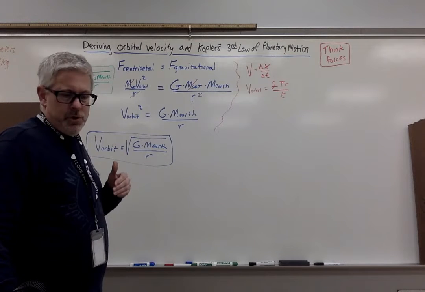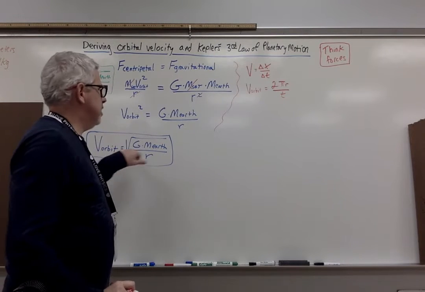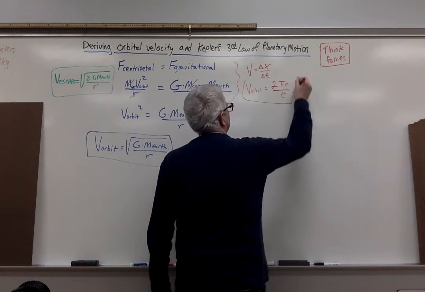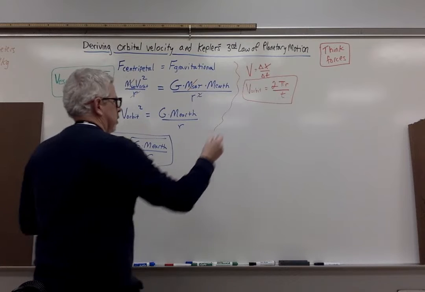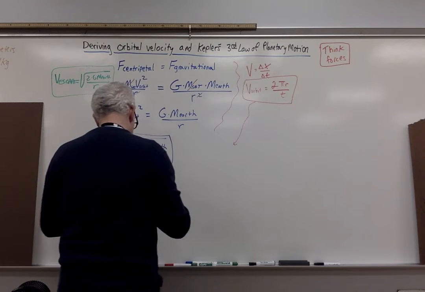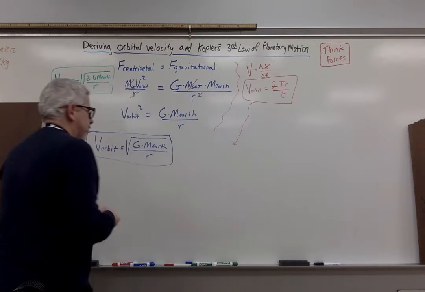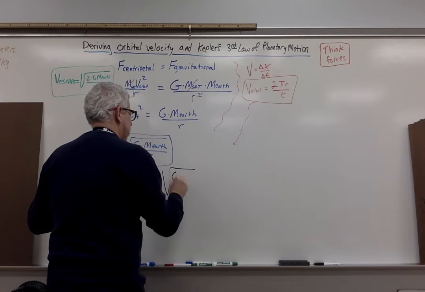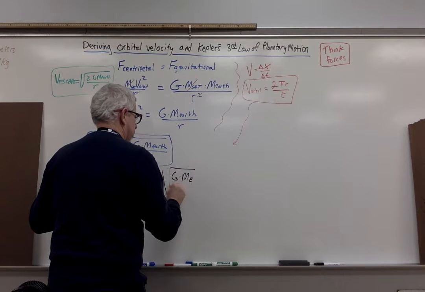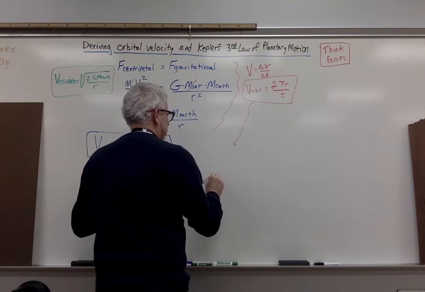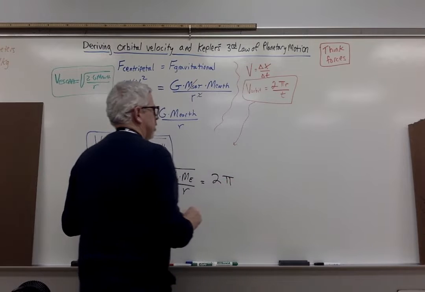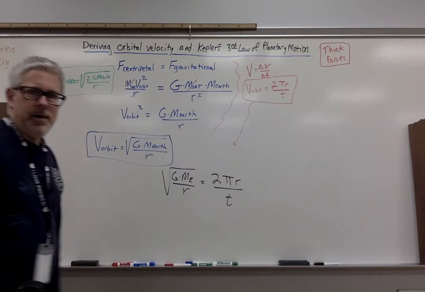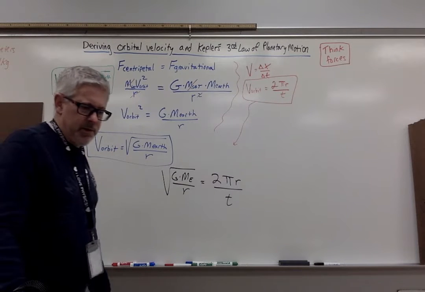Okay, so what I can do is I can set these two equal to each other. Switching colors again for dramatic effect, I can say radical G, mass of the planet or the Earth, over R is equal to 2 pi R over T. Well, that's kind of messy, but that's okay.